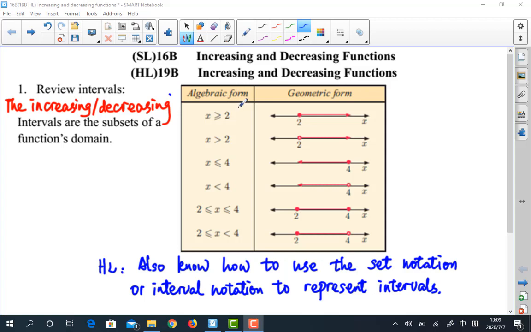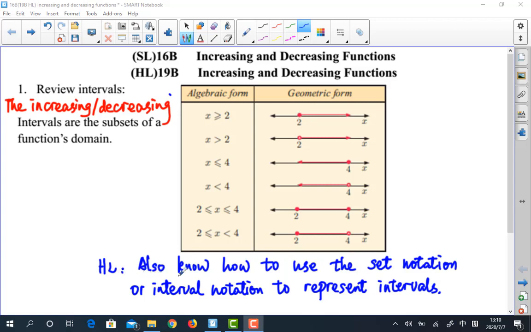The algebraic form means we use inequalities to represent the intervals. Or the geometric form, where we use the number line with an open dot or a closed dot to show what numbers we can take for the increasing or decreasing intervals.